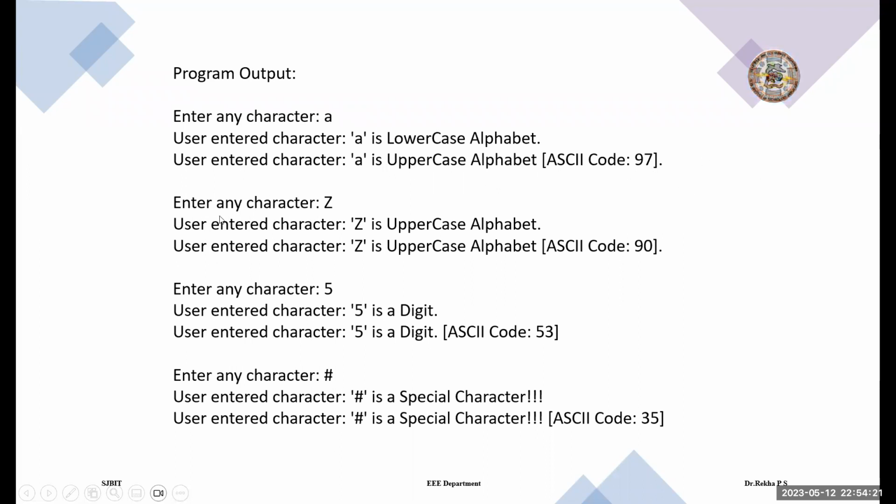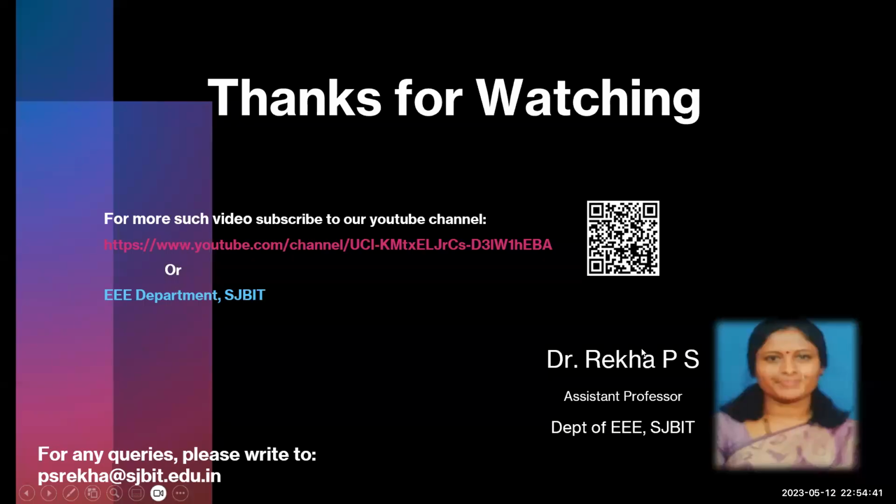Like that, enter any character, z, and you get the output like this. I have used all the outputs, that is a, z, 5, and then a special character. All the values have been entered and checked, and it is correct. Now, today we have understood how to check whether the given character is lowercase, uppercase, or a special character.